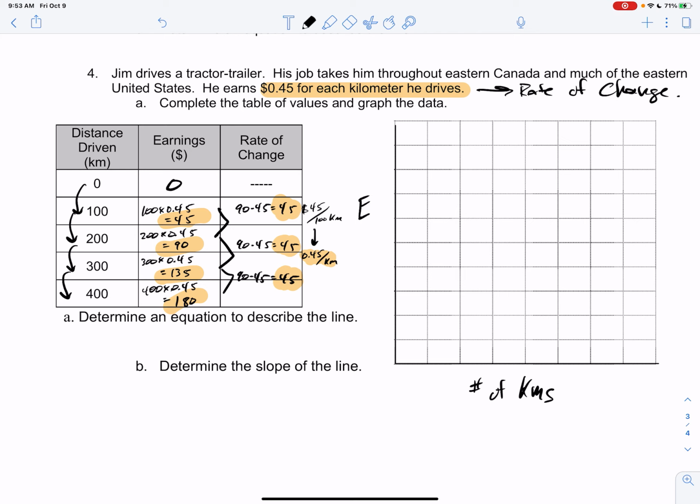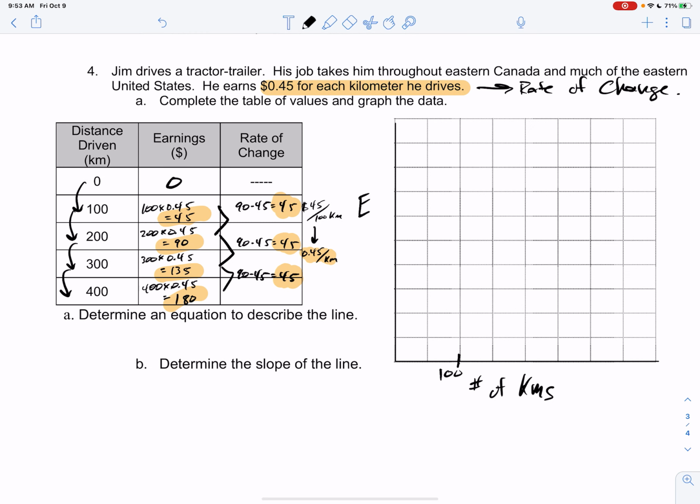Okay, so number of kilometers here, let's go 100, 200, 300, 400. Earnings, let's go 45, 90, 135, 180. So now if I go to plot these values here, you can see you have your linear equation.